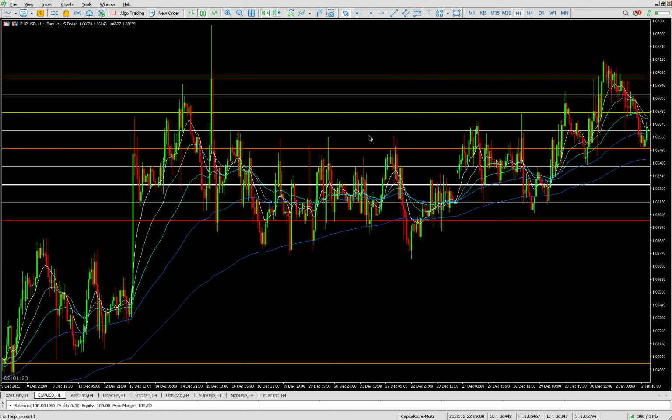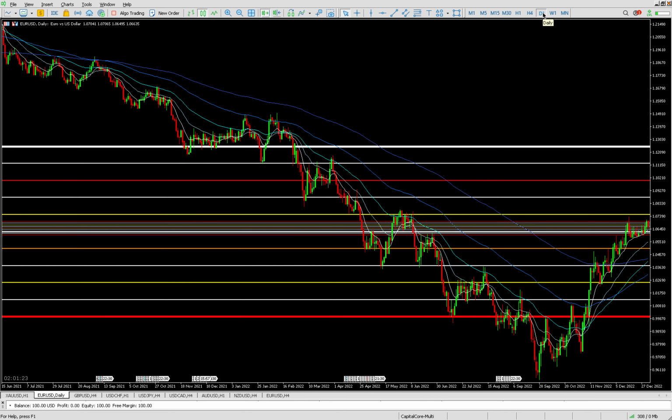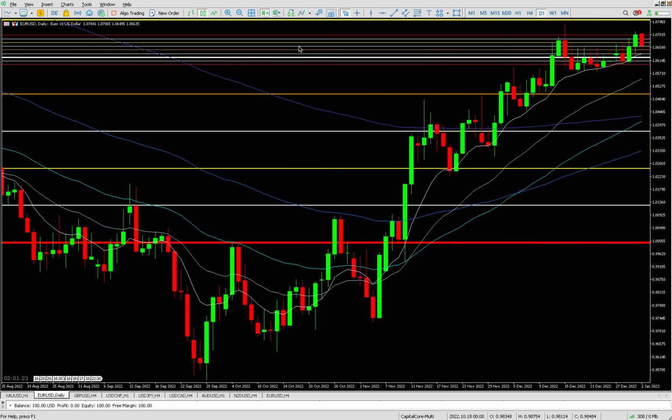We're looking for how price behaves around all these levels. And our next closest significant level for 10,000 is, as you can see, a different thickness here.